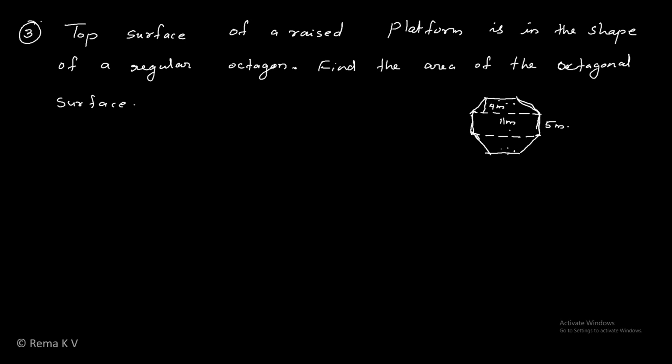Okay, so let us write this as figure 1, this as 2 and this as 3. Let us find the area of first figure. Area of figure 1, A is equal to half h into (A plus B), where this is the side of this octagon, and since it is regular, this is also equal to 5 meter.